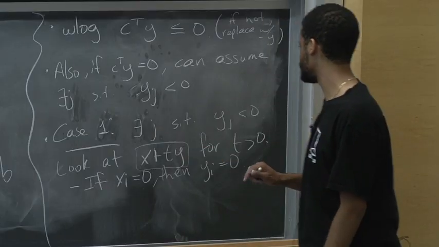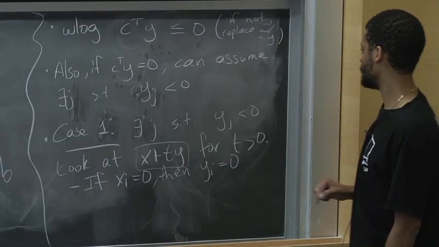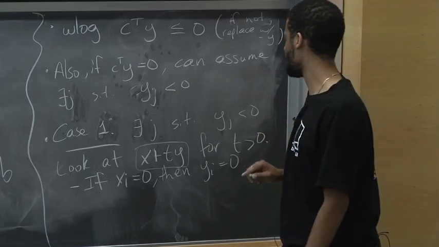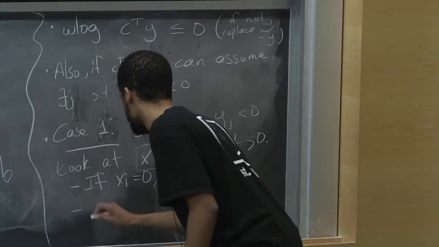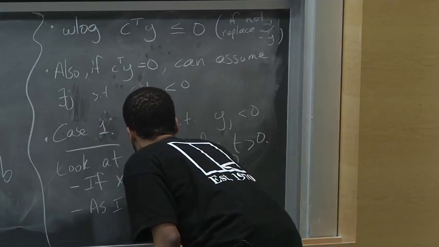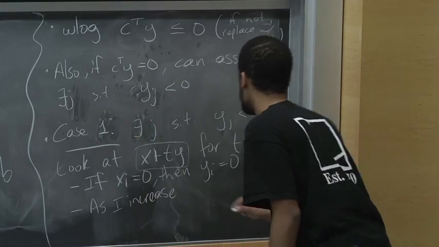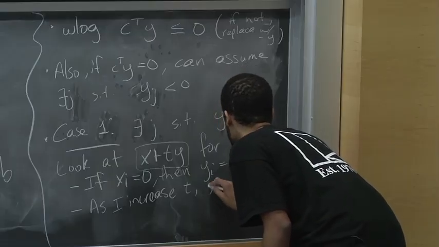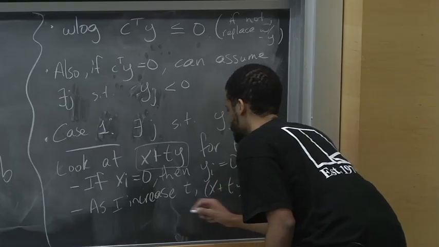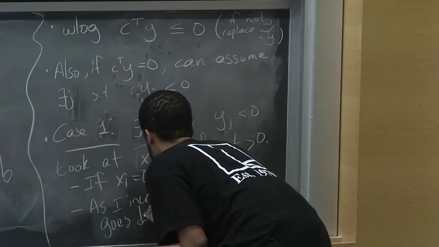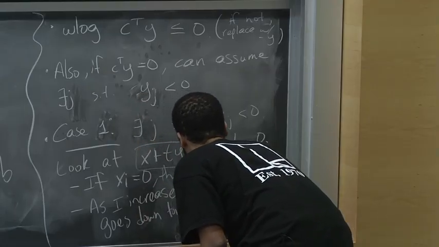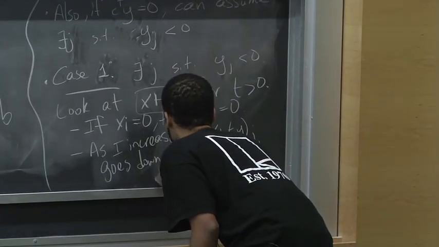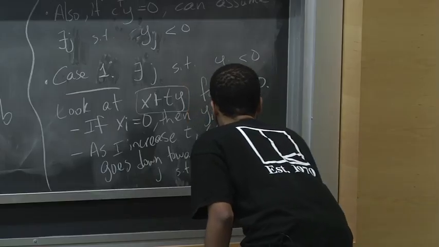As I increase t, X plus tY sub j goes down toward 0 for all j such that Yj is less than 0.